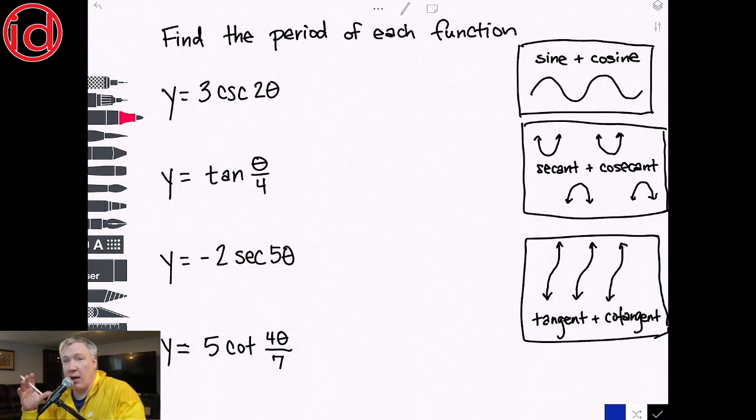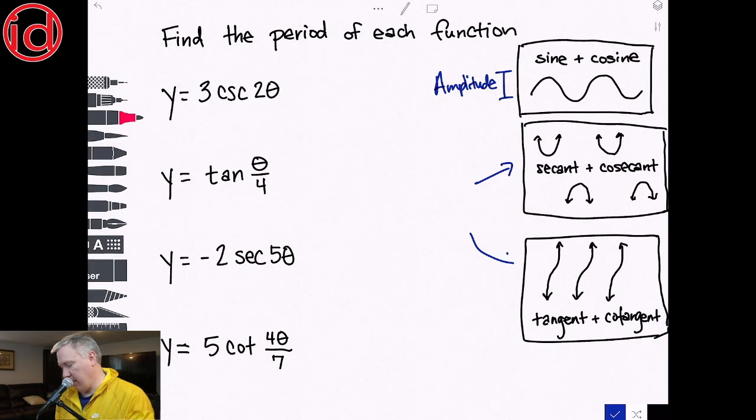First, you'll notice that I'm not asking you for the amplitude. And that's because when we're talking about sine and cosine, they have a top and a bottom. So the idea of an amplitude makes sense in terms of sine and cosine. If you look at all these other ones, we can't talk about their amplitude in the same way.